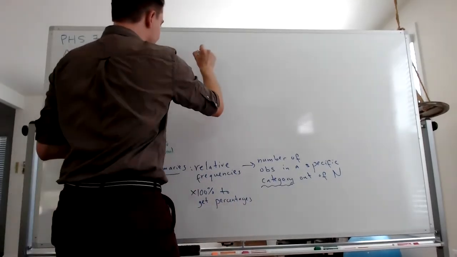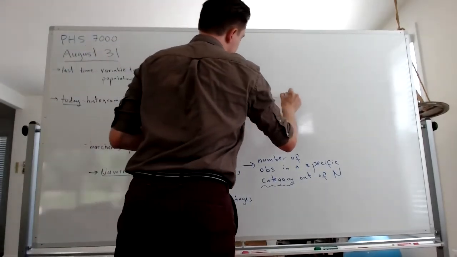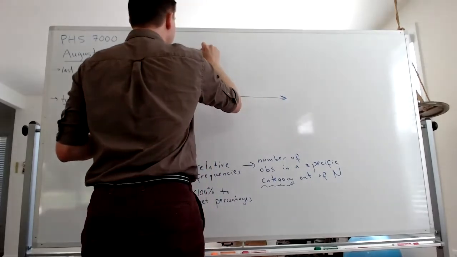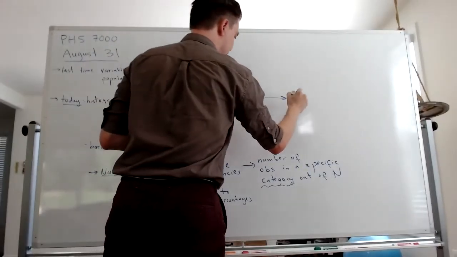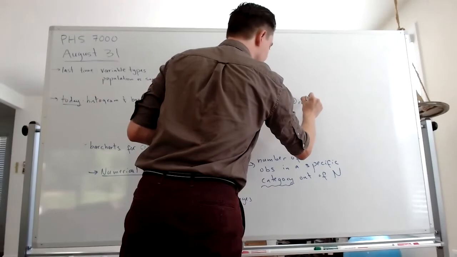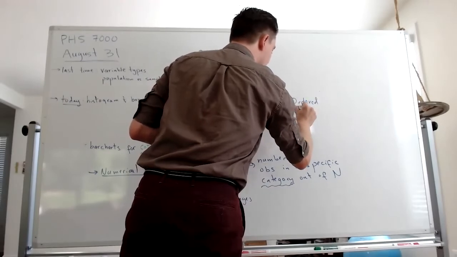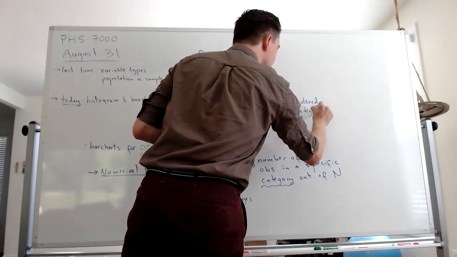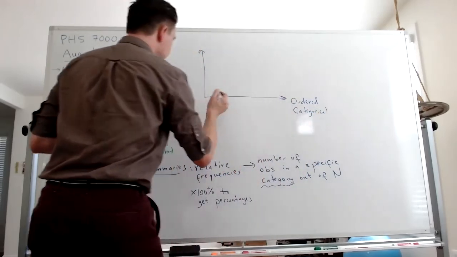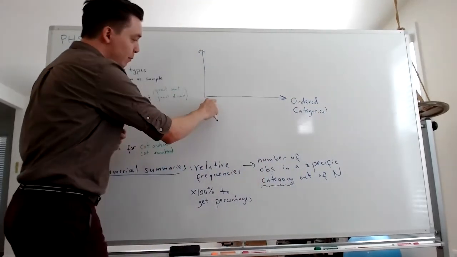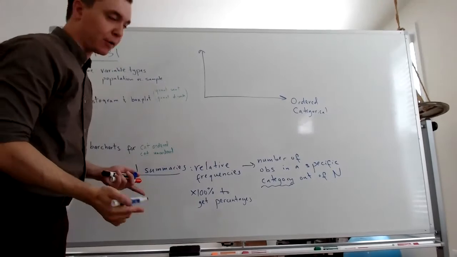All right, so it almost will look like a histogram, but you have to be careful. Let's call this an ordered categorical variable. These bins have to be the categories, right?